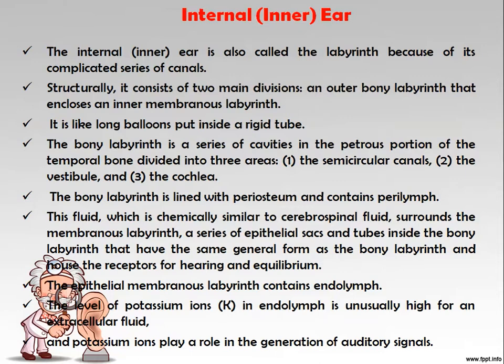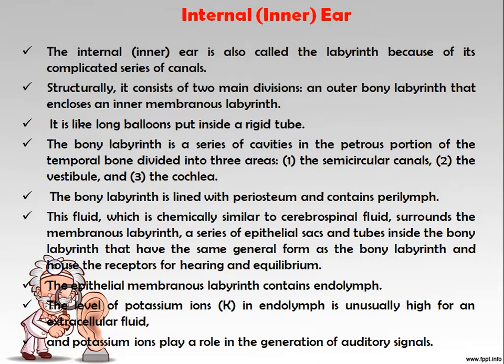The bony labyrinth is a series of cavities in the petrous portion of the temporal bone, which is divided into three areas. First one is the semicircular canals, second one is the vestibule, and third one is the cochlea. The bony labyrinth is lined with periosteum and contains the perilymph.